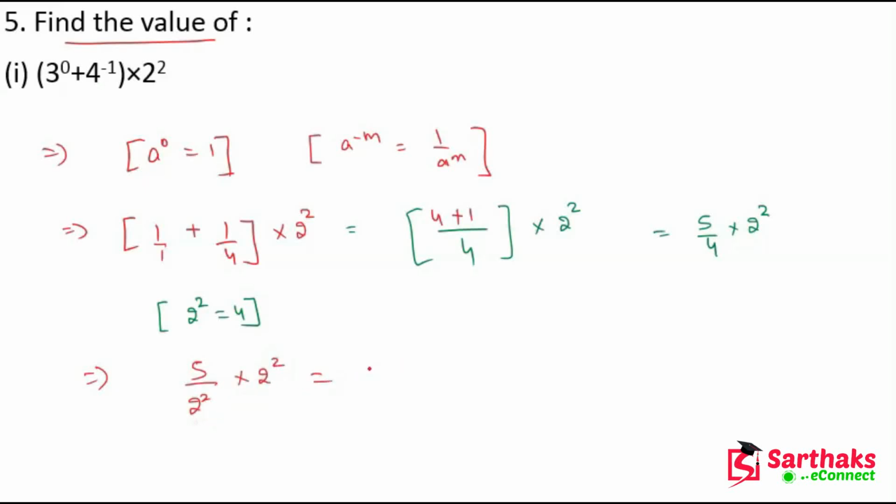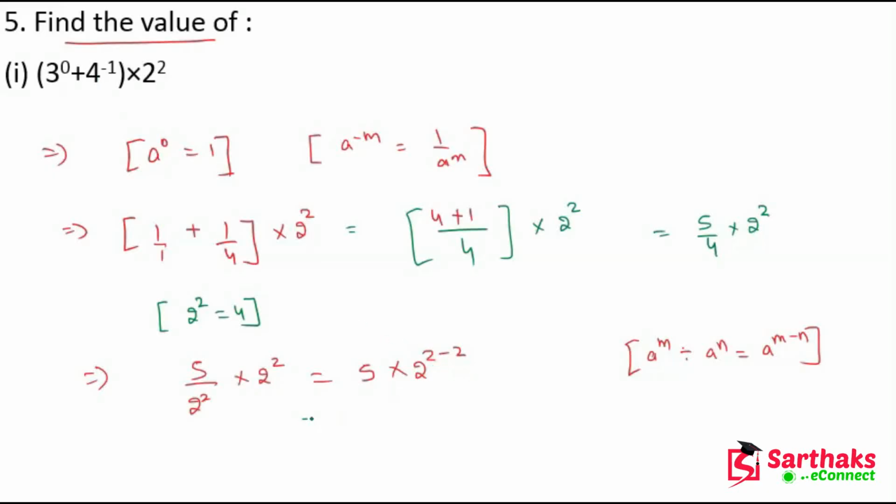So this will become 5 into 2 raised to power 2 minus 2, because we know that if a raised to power m is divided by a raised to power n, then it is equal to a raised to power m minus n.